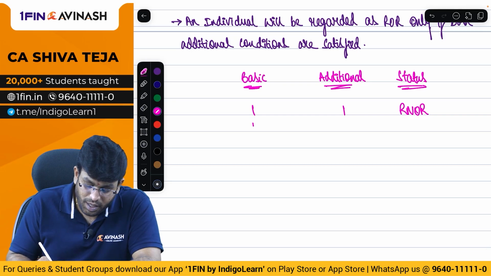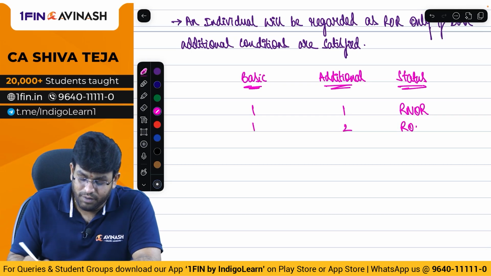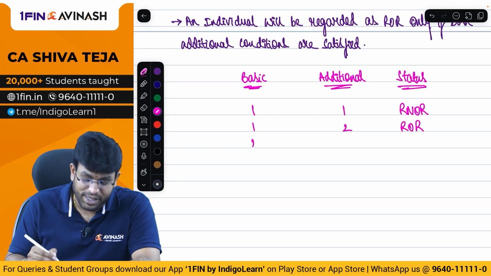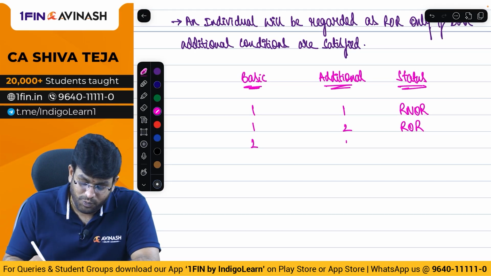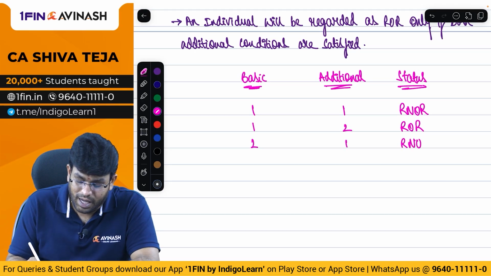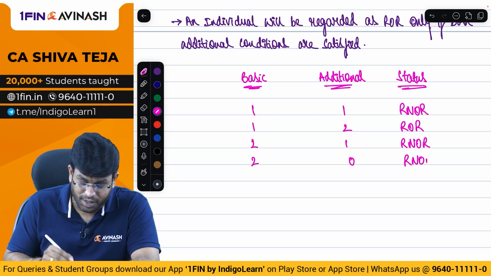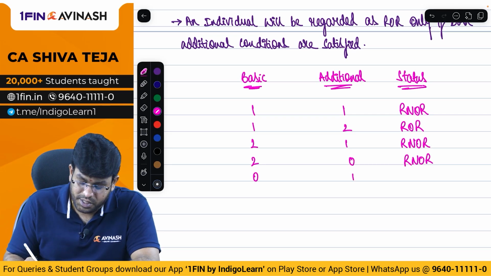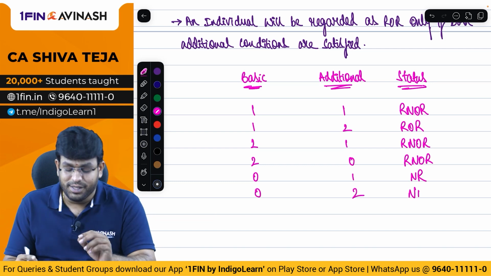Basic 1 satisfied, additional 2 satisfied: we will treat them as ROR. Basic both satisfied, additional 1 satisfied: again the answer is RNOR. Basic 2, additional 0: again the answer is RNOR. Basic 0, additional 1: the answer is NR. Basic 0, additional 2: the answer is NR.